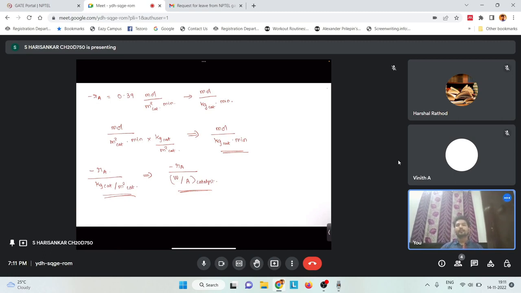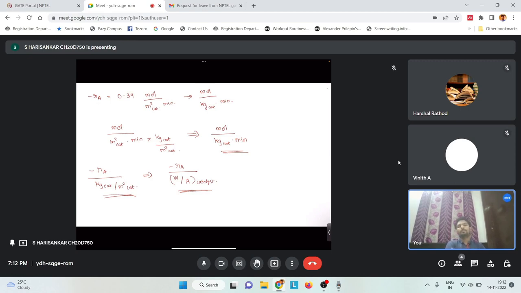And to do that, all we need to do is just divide our given reaction rate by weight by area of the catalyst. So the units of meter square will get cancelled and we'll get a different reaction rate with the unit mole per kilogram of catalyst per minute.